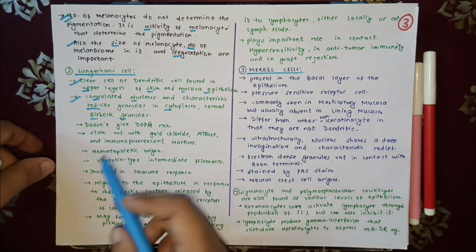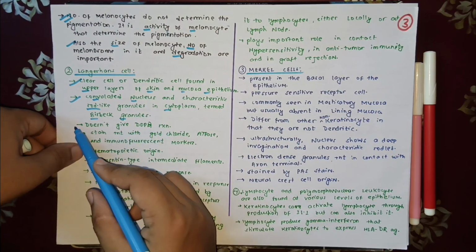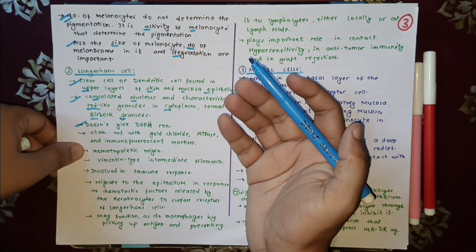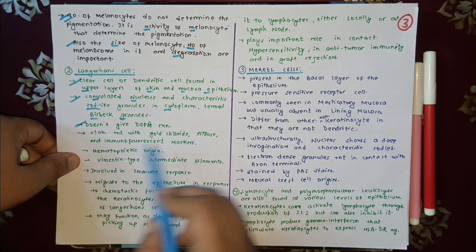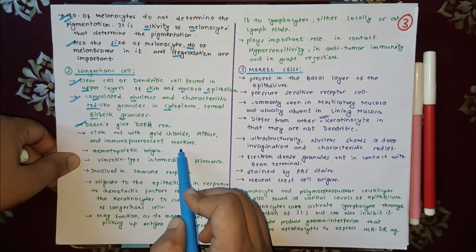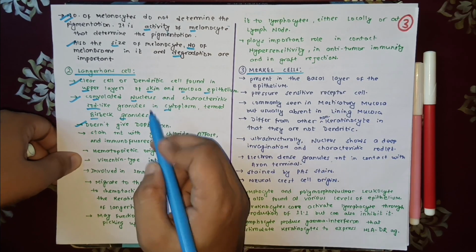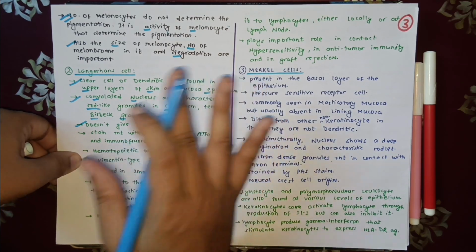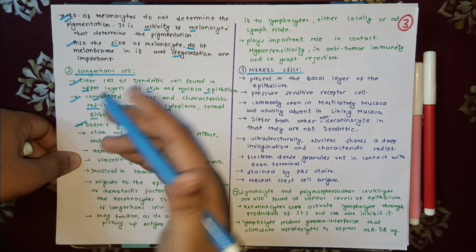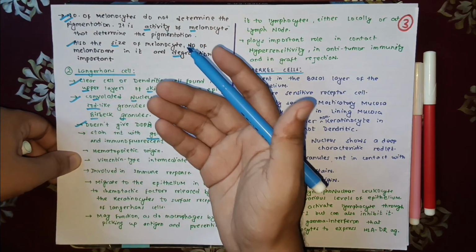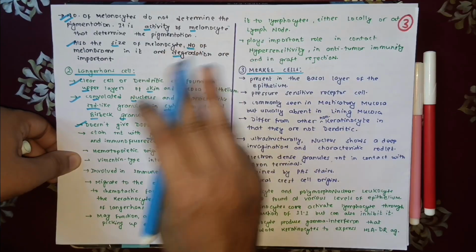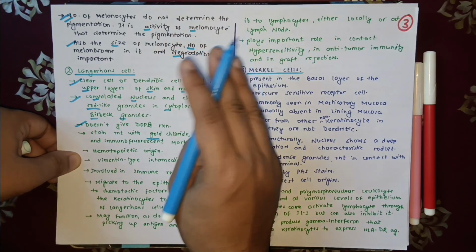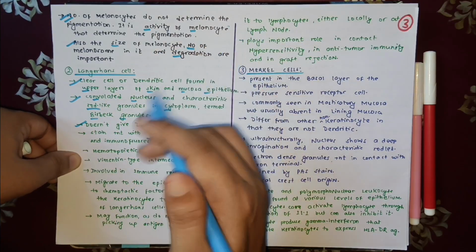After that, it doesn't give the DOPA reaction, but that was given by the melanocyte. It stains positive with gold chloride, ATPase, and immunofluorescent markers. You should remember this. Melanocytes are stained by the DOPA reaction, Masson-Fontana reaction, and the silver staining technique, so there are three different staining techniques to identify the melanocyte.